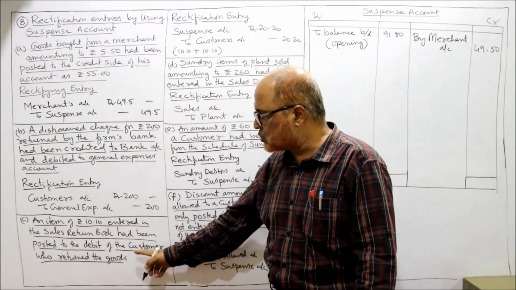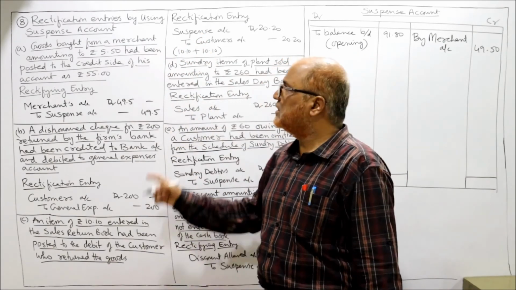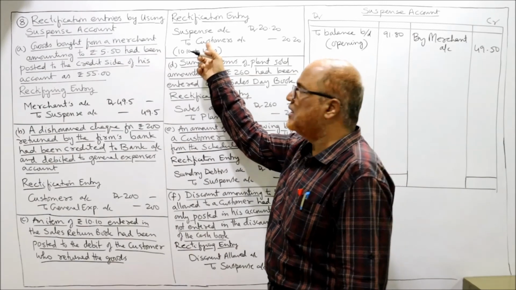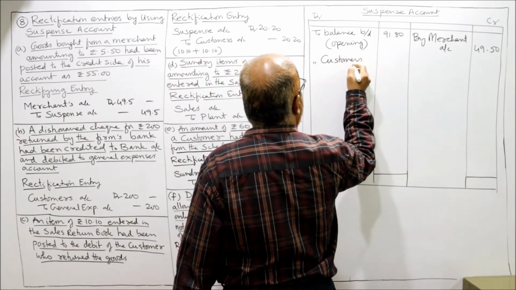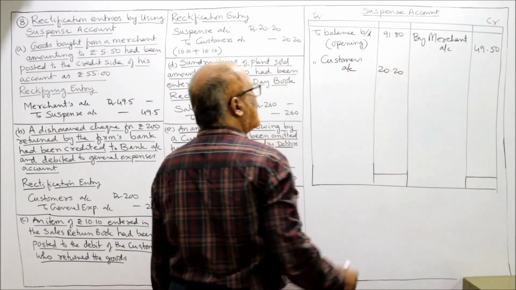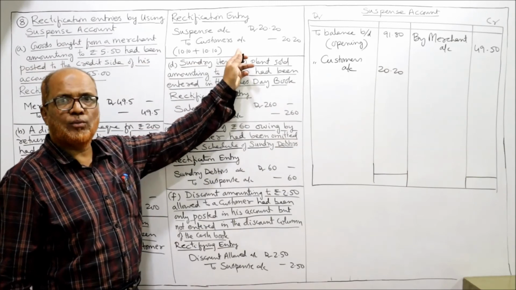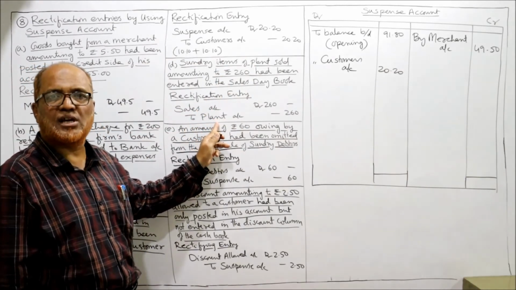Ignore. Next one, third, suspense account debit to customer's account. Suspense account is debited to customer's account. How much? 20.20. Next entry is sales account debit to plant account. There is no suspense account in this entry.